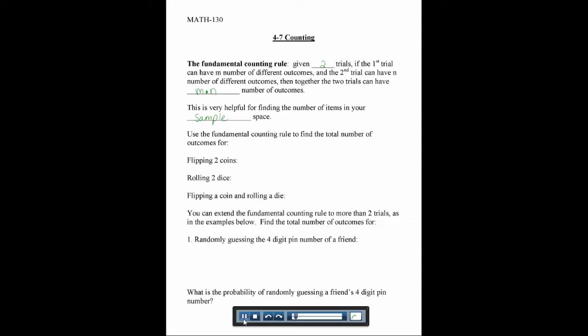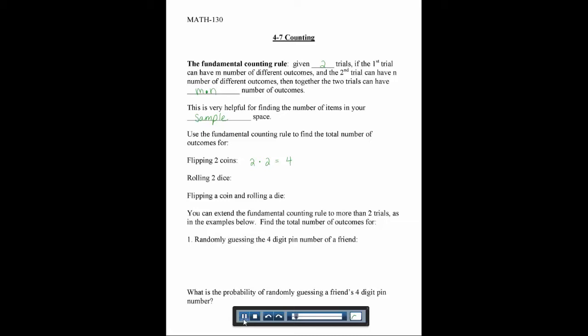We're going to use the fundamental counting rule to find the total number of outcomes for flipping two coins. For the first coin flip, there are 2 outcomes, and for the second coin flip, there's 2. So that means there's a total of 4. Instead of writing out the tree, we can just use this to find out how many there are.